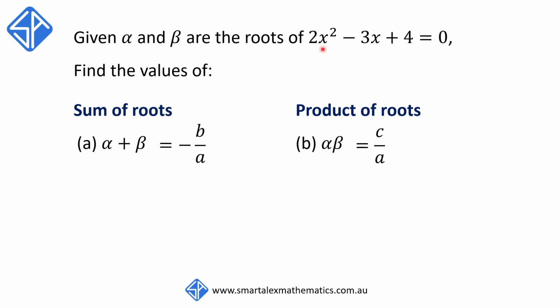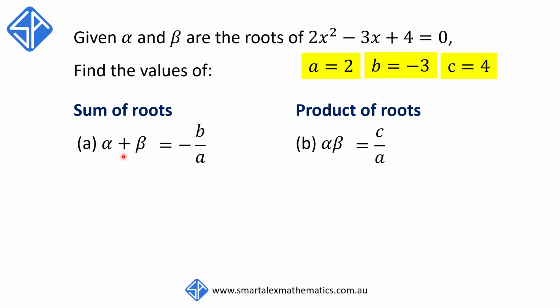A, b, c are the coefficients of the terms in the quadratic equation. In this equation, a is the coefficient of the x squared term, so a is equal to 2. B is the coefficient of the x term, so b is equal to negative 3, and c is the constant term, so c is equal to 4.